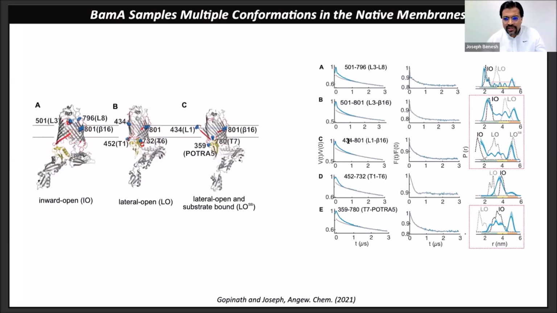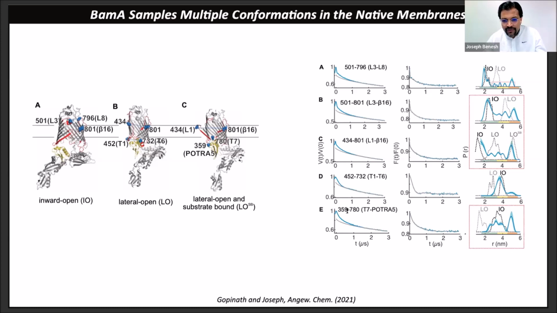And when we look directly at the lateral gate for 348-801, this is a functional hotspot of this insertase. Again, we see a very broad distribution encompassing the distances corresponding to inward open, lateral open, and even lateral open substrate-bound state, telling us that this region is likely very dynamic and conformationally heterogeneous when we observe it in the native membranes.